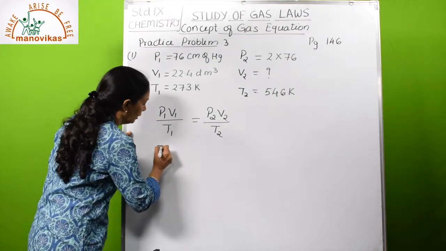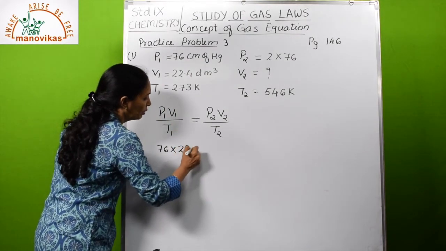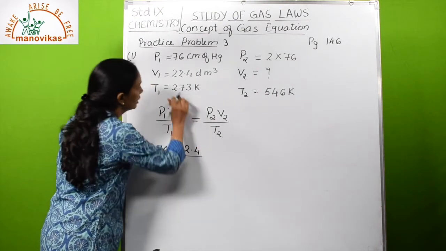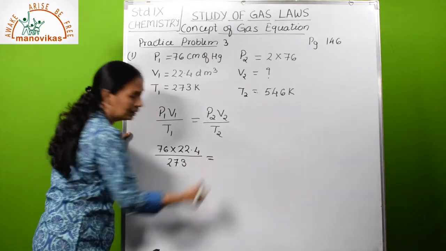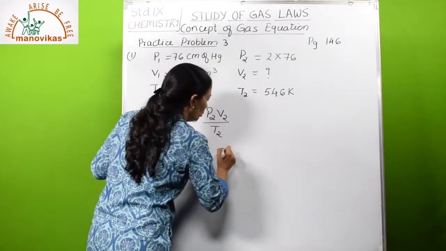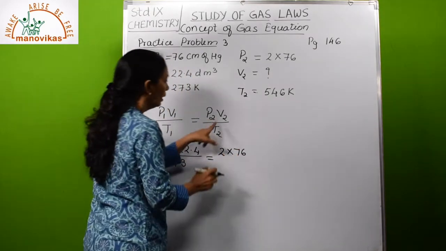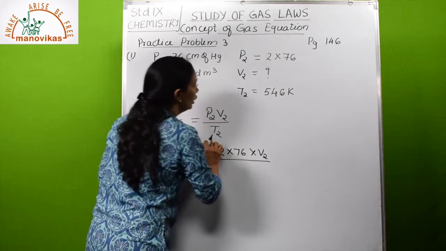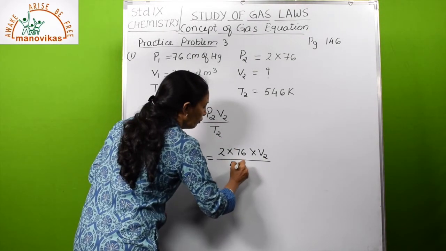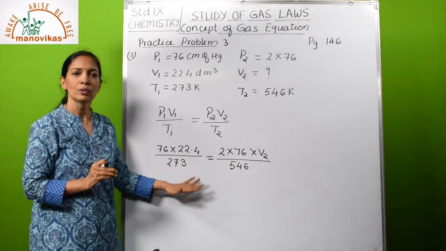P1 76, V1 22.4 upon T1 273. That is equal to P2 2 into 76. You can continue this into V2 upon T2 546. Write down all the values correctly.